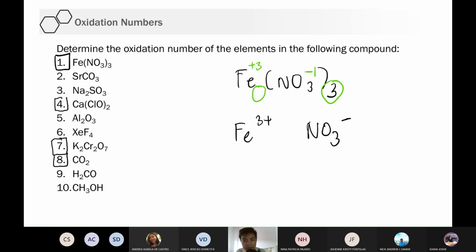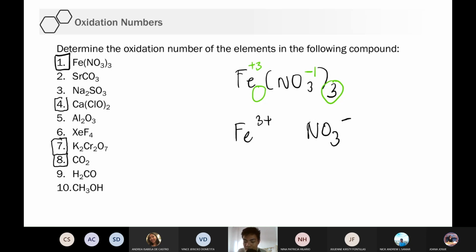What is the oxidation number of iron? Madali lang. The oxidation number of iron is positive 3. Kasi sabi natin, for a monoatomic ion, the oxidation number is the charge itself. So, this is a monoatomic ion eh. Ibig sabihin, kung ano yung charge niya, which is positive 3, yun na rin yung oxidation number niya.